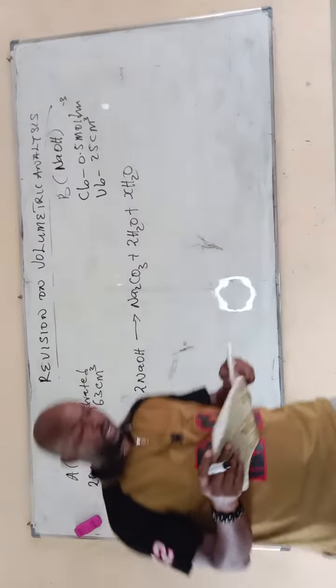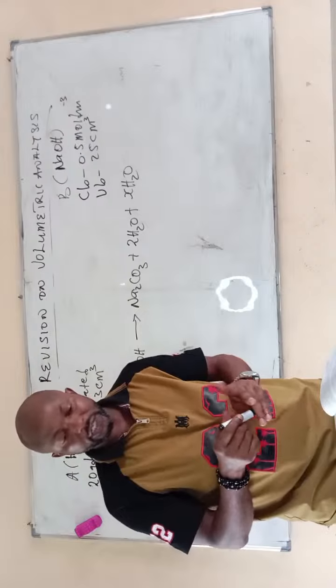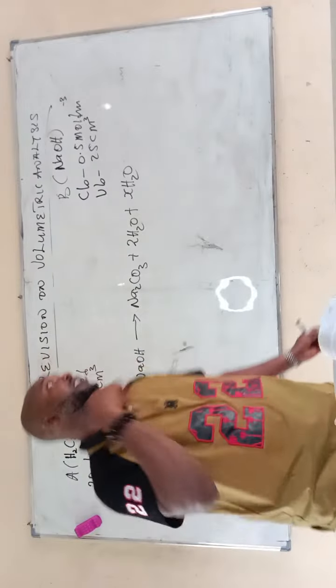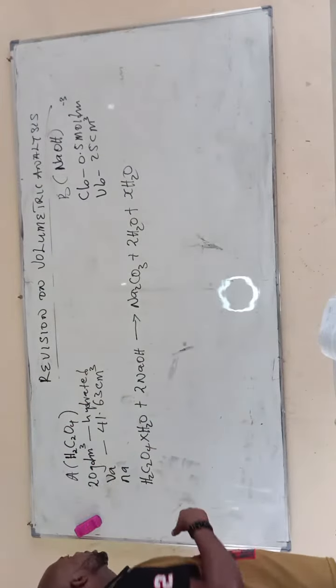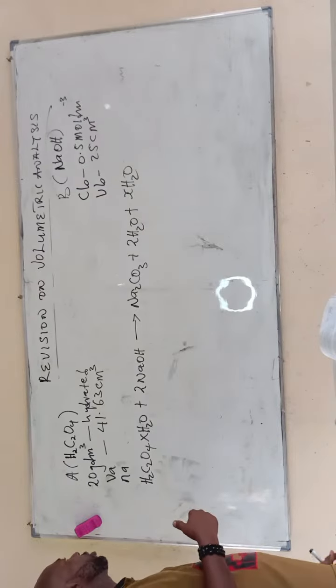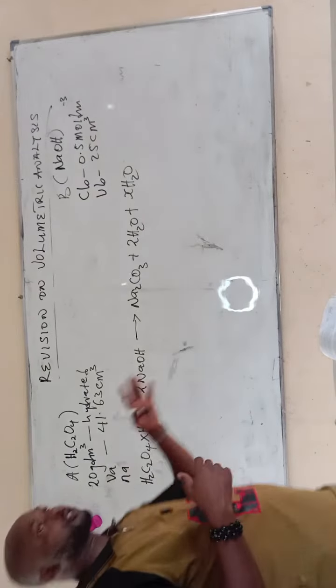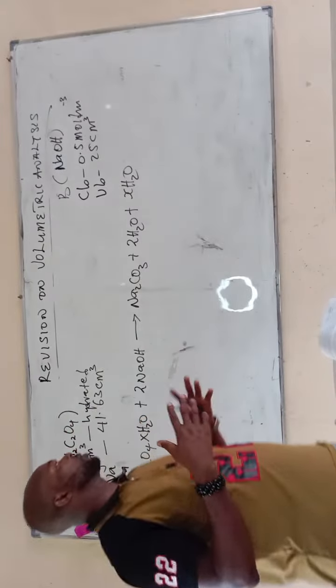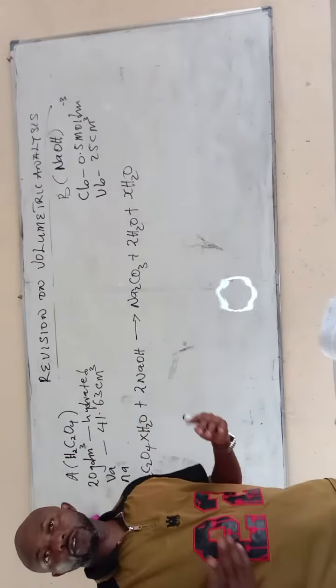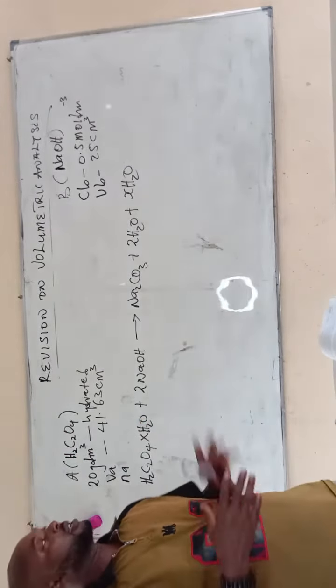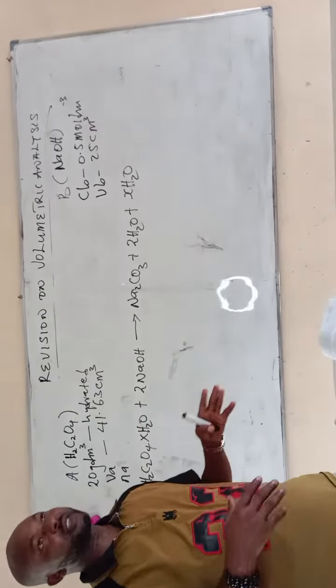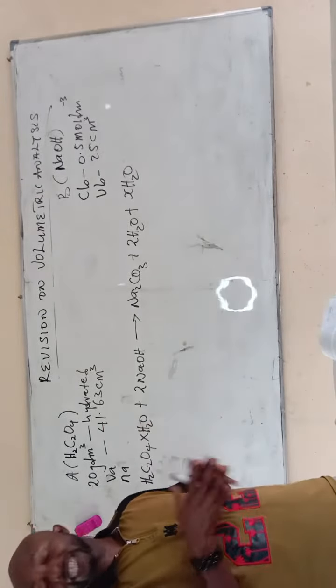Now, let me explain what has taken place here so far before we proceed to solve anything. We say 20 grams per dm cube of ethanedioic acid crystals. When we come to percentage of water of crystallization, we are saying that the salt or the acid contains a whole lot of water in it.